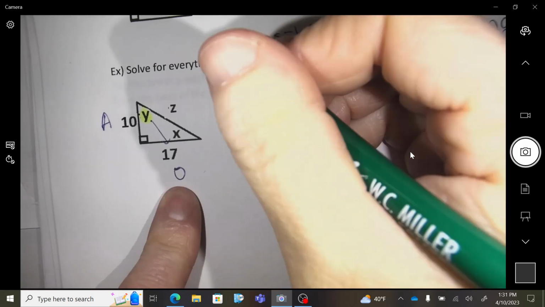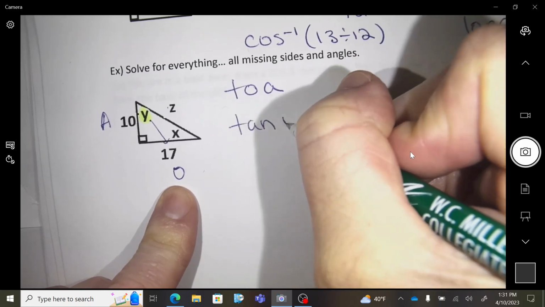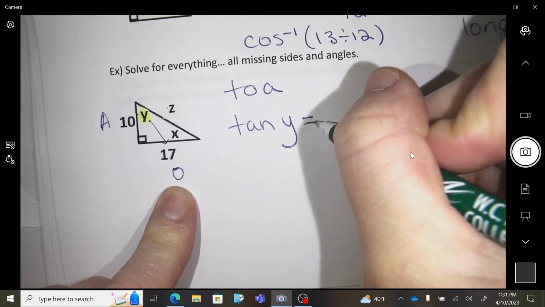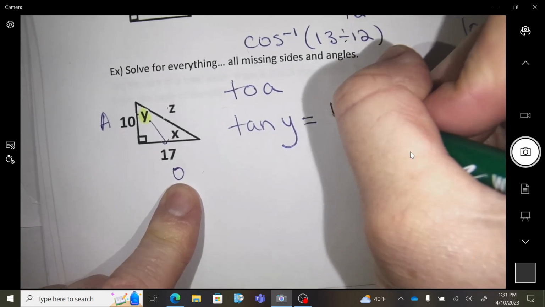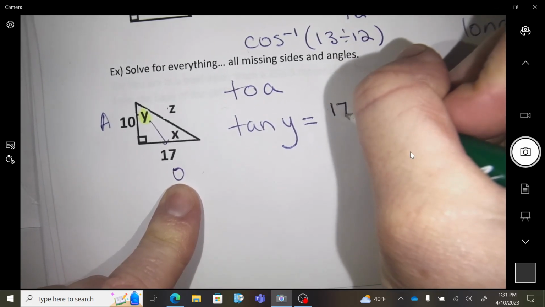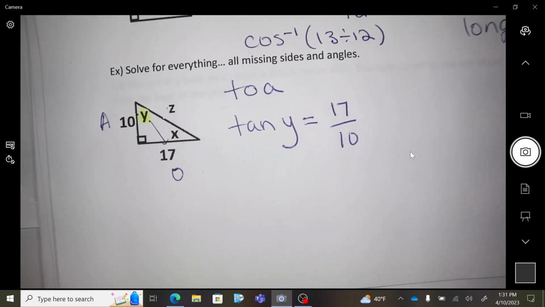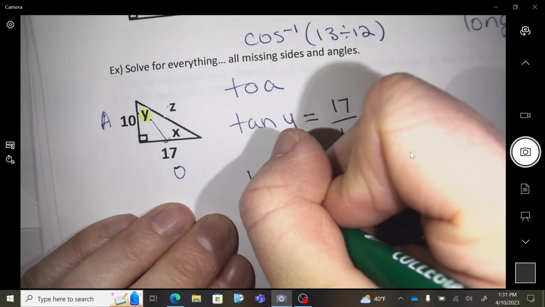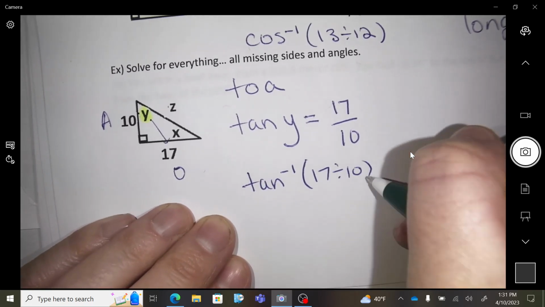That means I would do TOA. So the tan of angle y equals the opposite 17 over adjacent 10. So that's a tan inverse to get an angle.